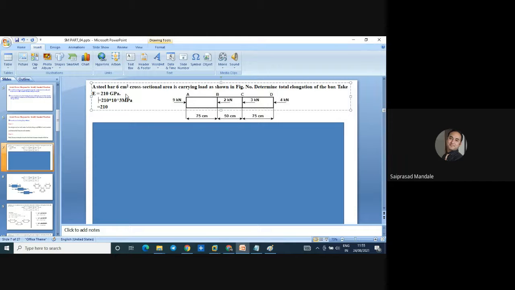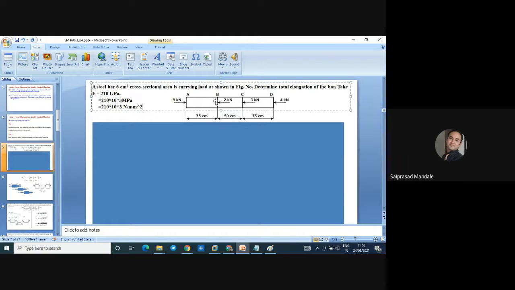Is this correct? Yes, sir. Okay, that means MPa is nothing but Newton per mm square. That is correct. Fantastic.